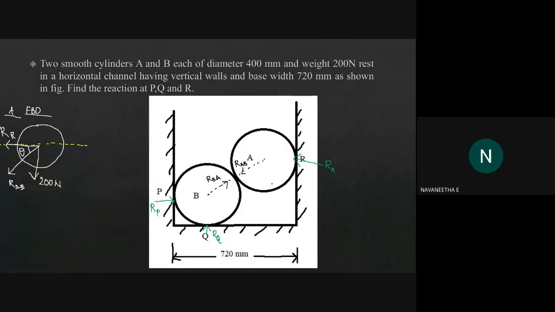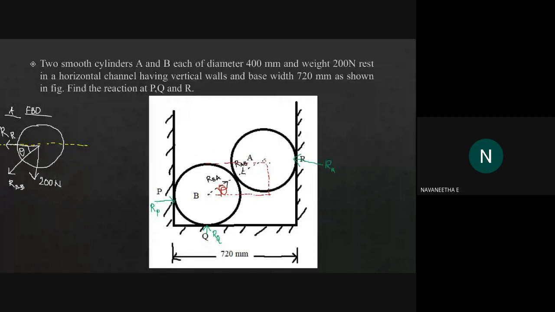We can draw a right-angled triangle by extending the x and y axes of B and A. So here is the right-angled triangle, and this is angle theta.